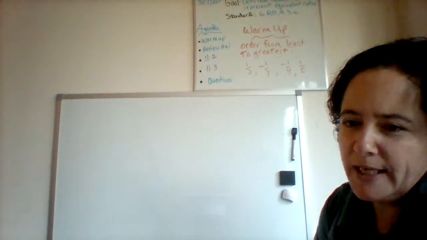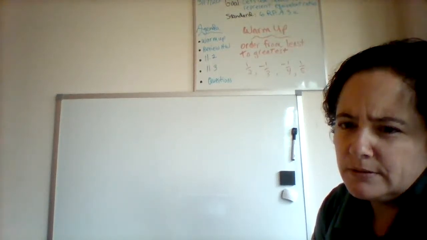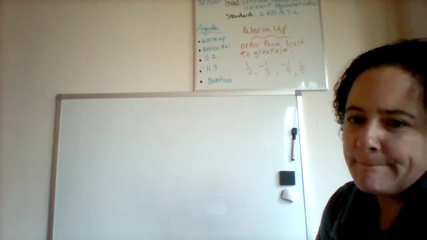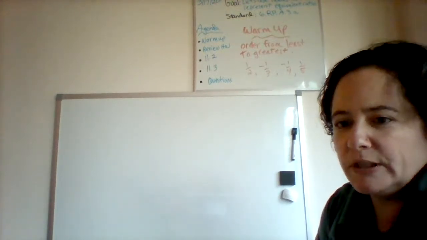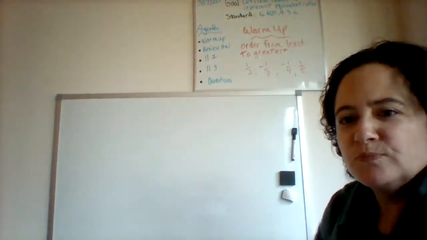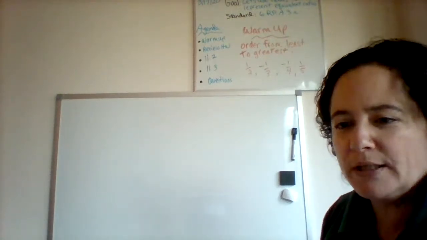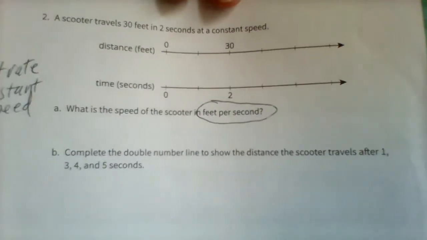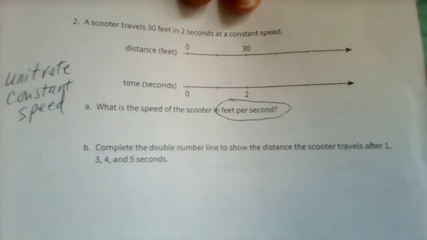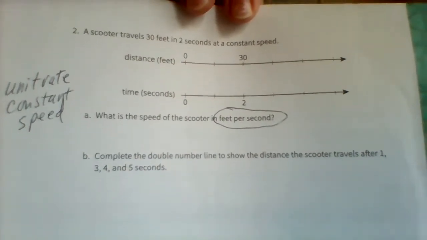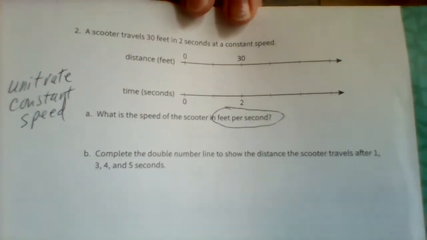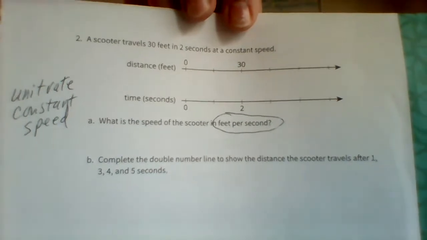Okay, it's a ratio. When you compare two or more quantities, it's a ratio. The reason why I labeled this one unit rate is because of that. Look what it asks you in letter A, feet per second. Feet per second. That means how many feet in just 1 second.